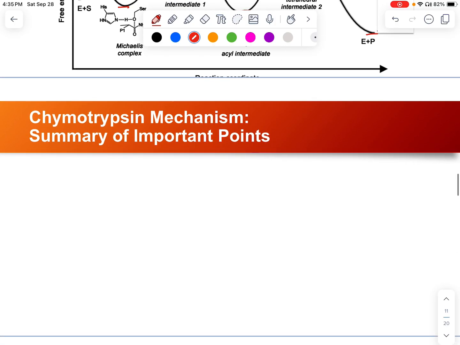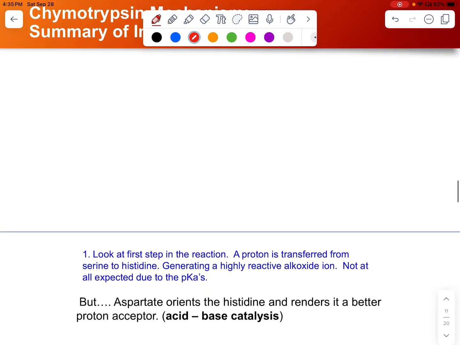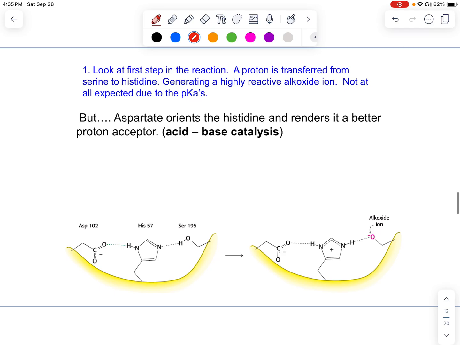And then I want to summarize because there was a lot. I've got a blank copy of those pictures at the end of the slide so you can practice going through it and thinking about what's happening. But if we look at these, several key features. In the first step of the reaction, a proton is transferred from serine to histidine. What I want to point out is that this is an example of acid-base catalysis.